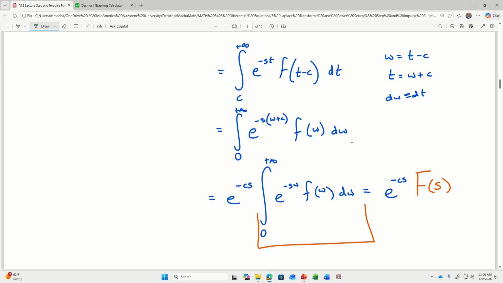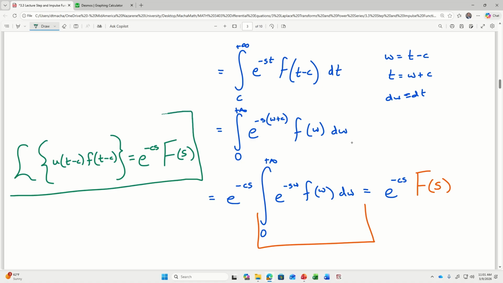So all together, the Laplace transform of u of t minus c times f of t minus c is e to the negative cs times the Laplace transform of the f function.